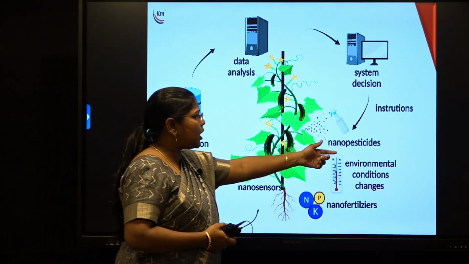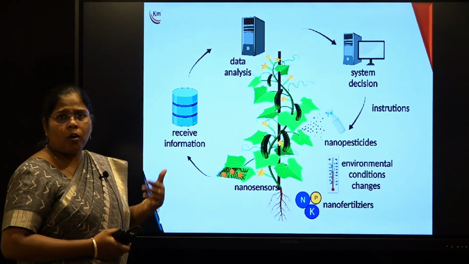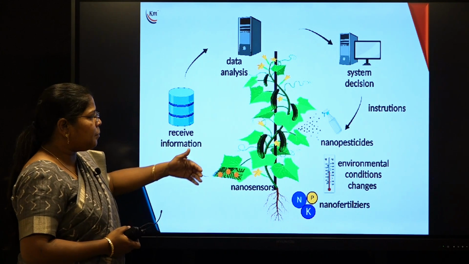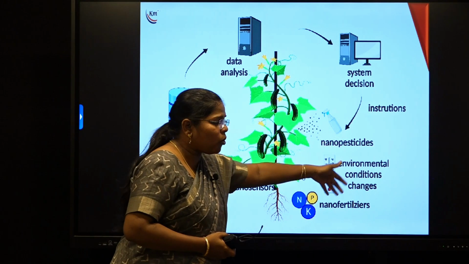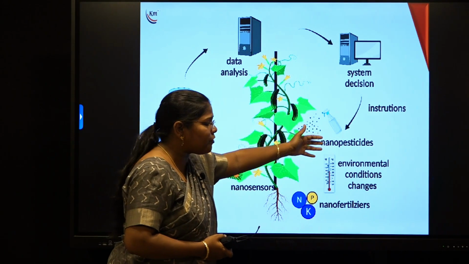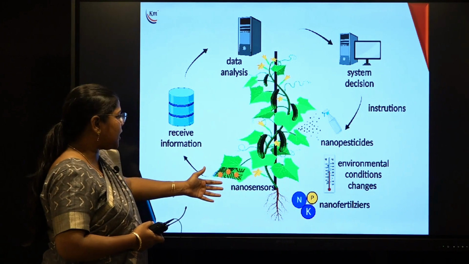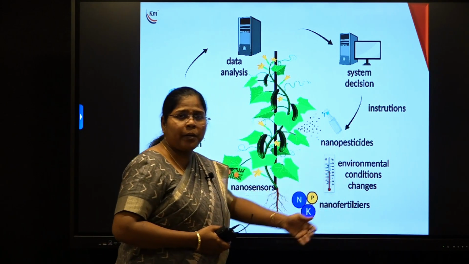Next come the pesticides, which are also used based on AI/ML data. So, we have environmental conditions data, nano pesticides data, nano fertilizers data, nano sensors data and environmental data.